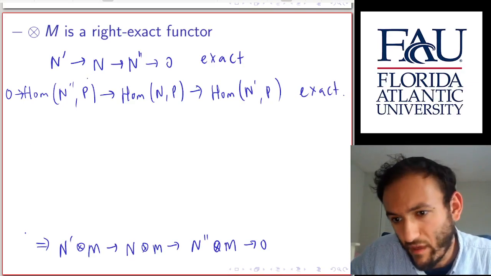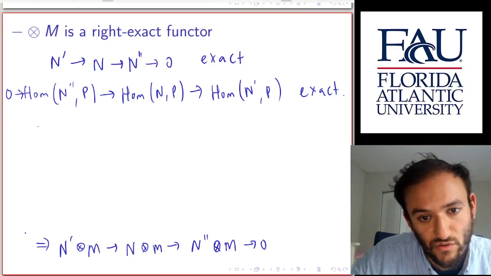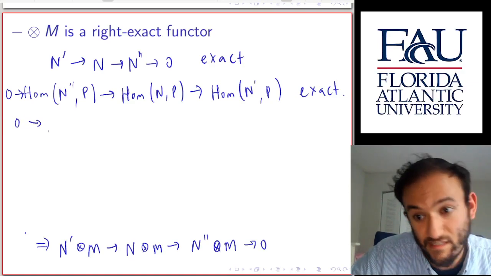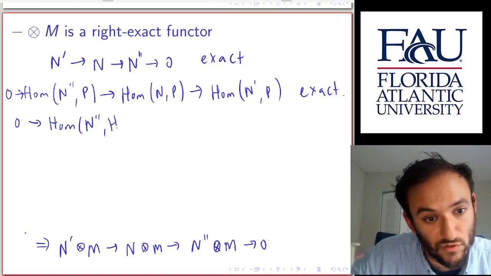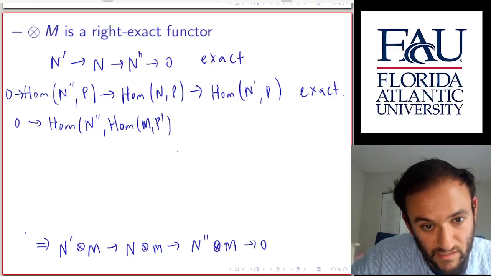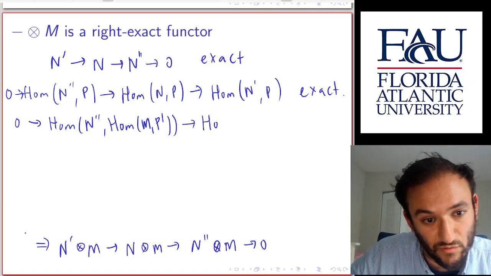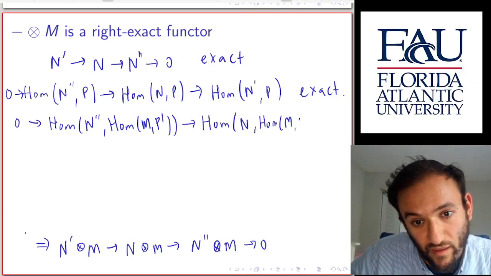But it doesn't really matter what module p is here, so we can pretend that it is itself a hom module. So we have a hom of n double prime to hom of m, and now let's make it p prime because this is a new module, and then we can map that to hom of n to hom of m p prime, to hom of n prime to hom of m p prime.